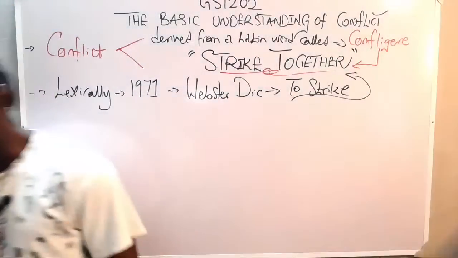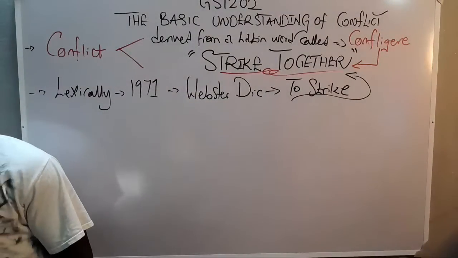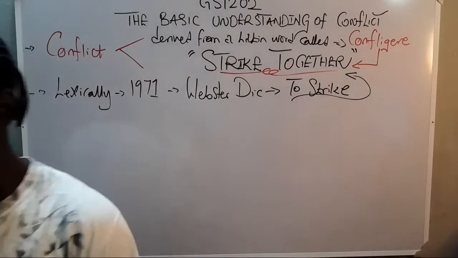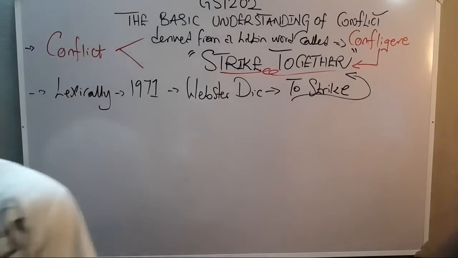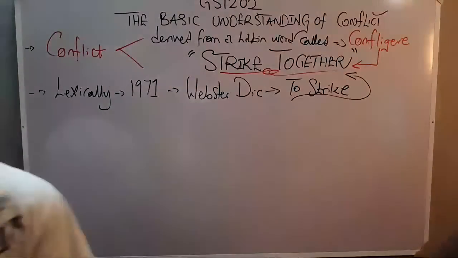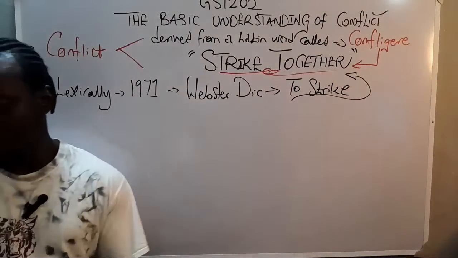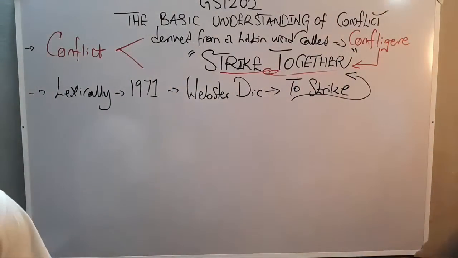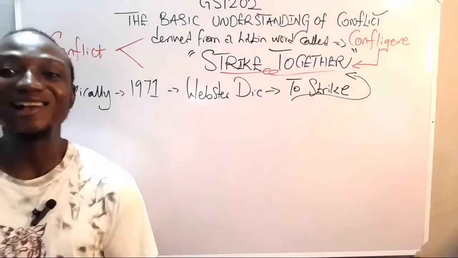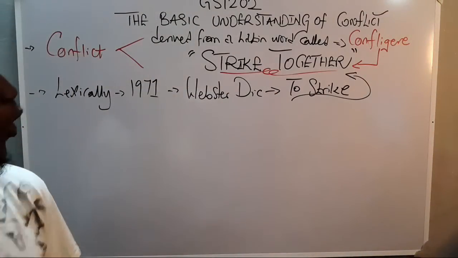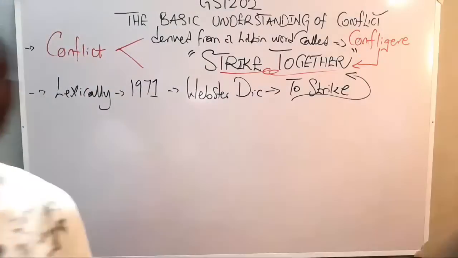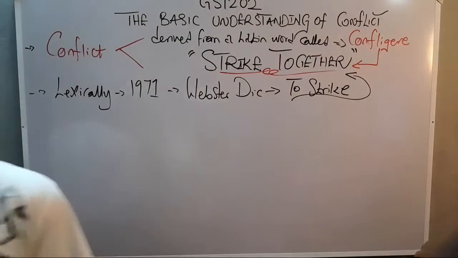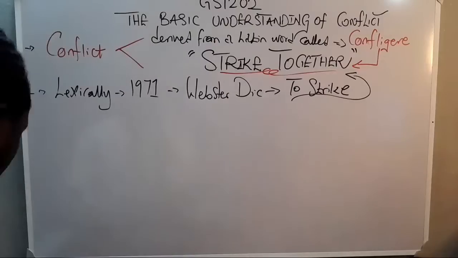Now, let's continue. We have contradiction arising from differences in interest, ideas, orientations, beliefs, perceptions, and tendencies. Speaking of the term conflict, it can also be considered as contradictions.